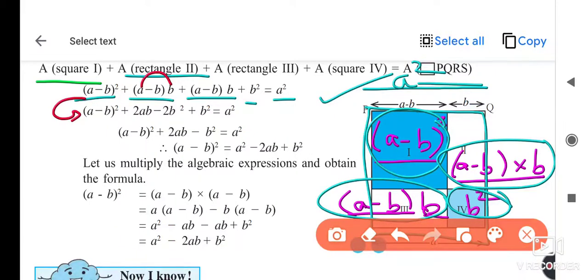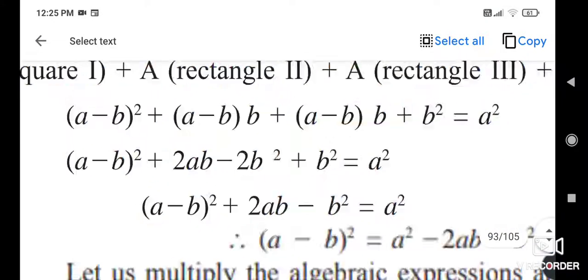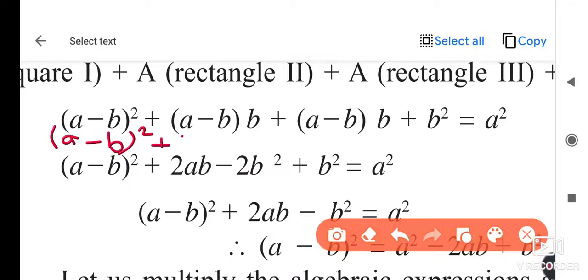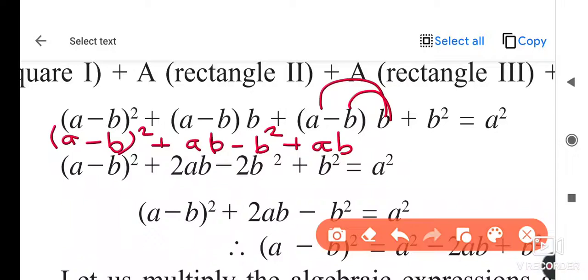Otherwise I will cut and show you how this is solved, so the middle step I will write it here. (a minus b) square is written as it is, plus a into b, ab, minus b into b, b square. Then plus a into b, ab, and minus b into b: plus into minus is minus, and this is b square, plus b square is equal to a square. So that I wrote it here.